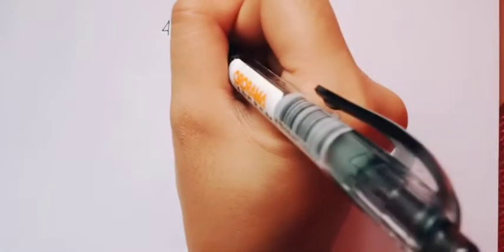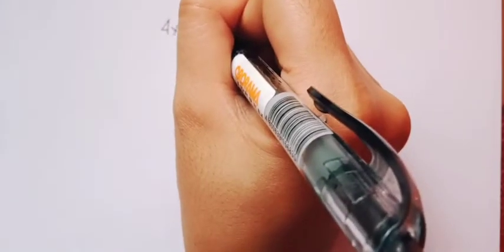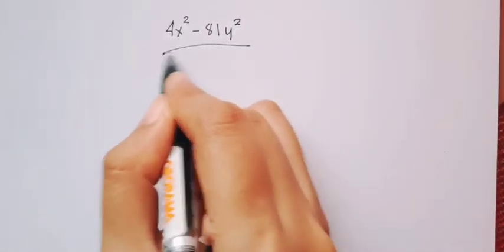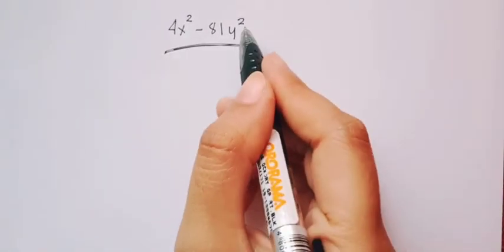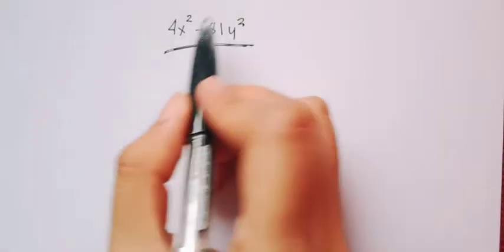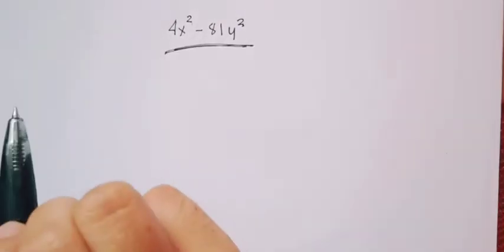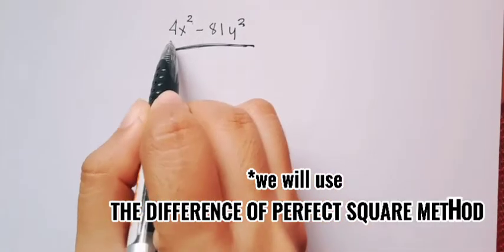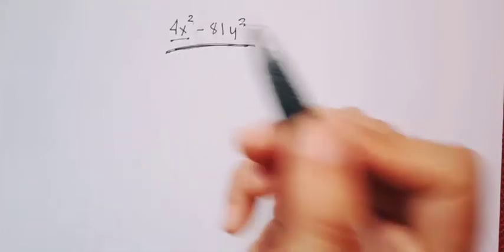So now, we also have here an example: 4x squared minus 81y squared. So there. As you can see, we have here two squares. So we will first factor this first term, the 4x squared.